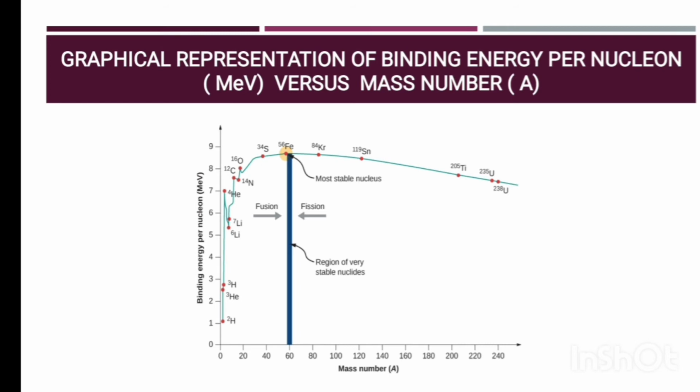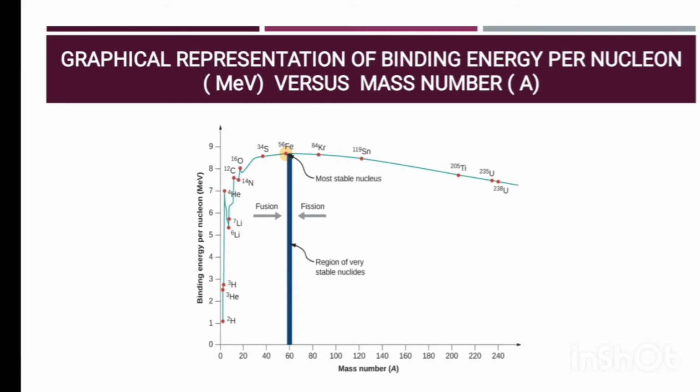We can also see a sharp increase in the binding energy for the nuclei of hydrogen, beryllium, carbon, and oxygen. For larger mass number, the binding energy decreases. This is due to the large Coulomb repulsions between the protons, making them highly unstable.